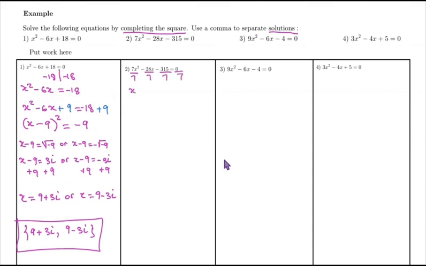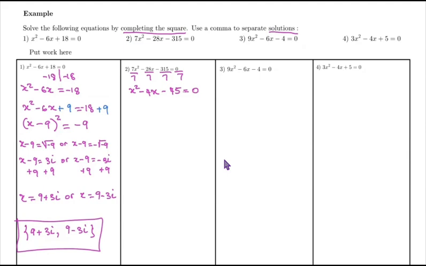We get x squared minus 4x minus 315 divided by 7, that is 45, equals 0.